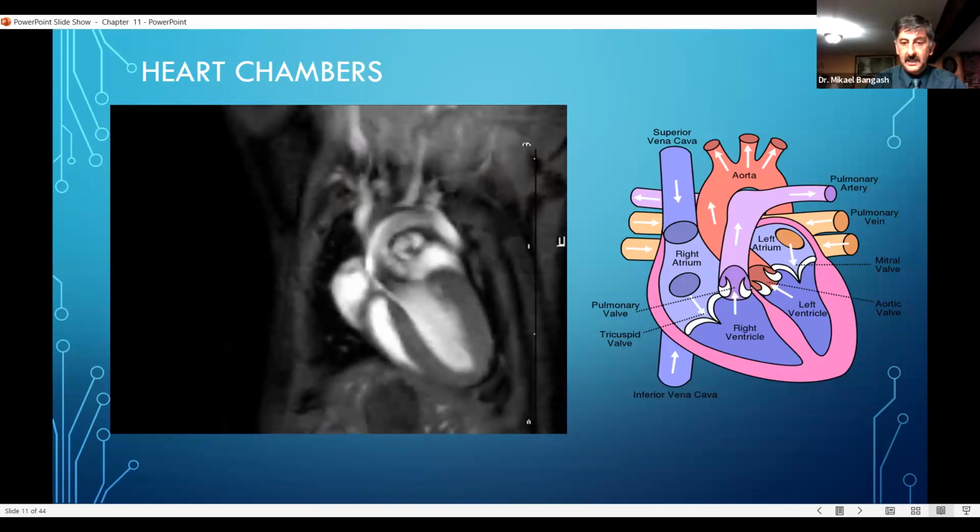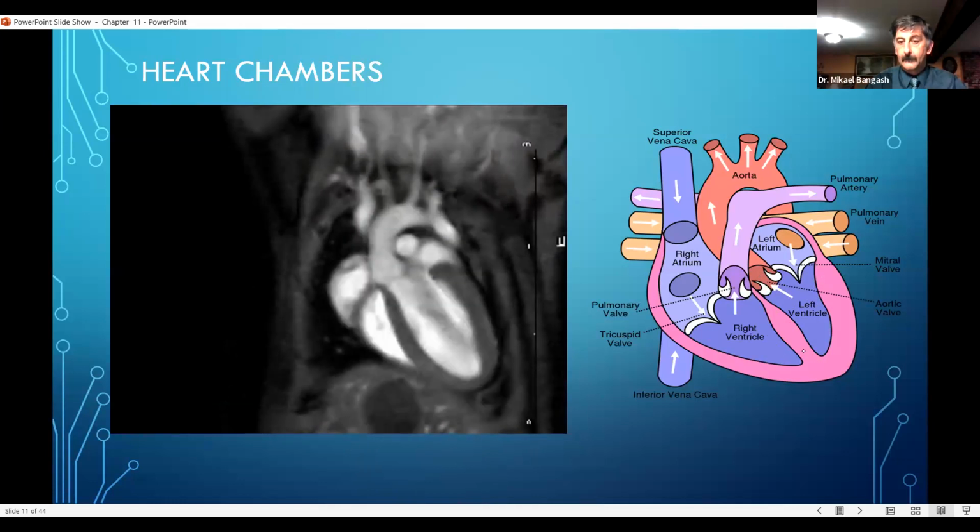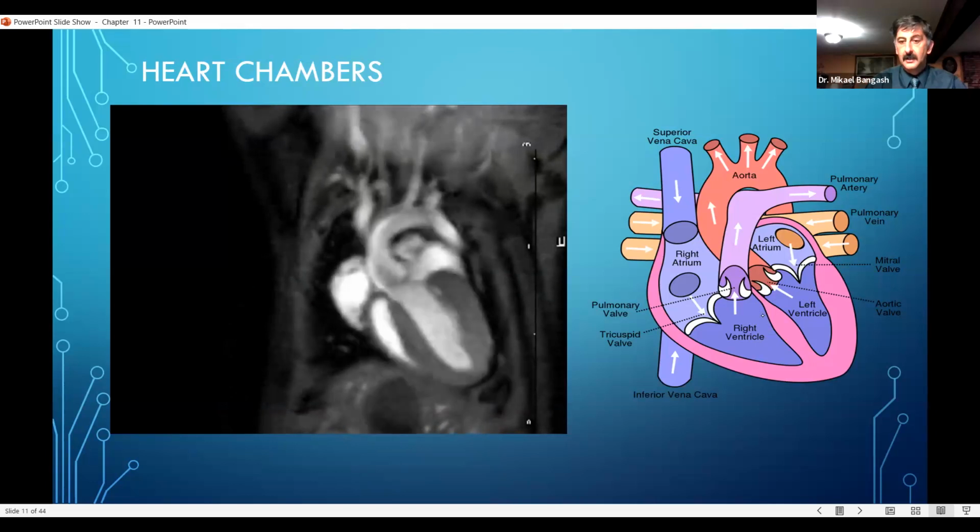Now, what you may see here is that your right ventricle and left ventricle are separated by this layer of myocardium, or flap. This is what we call the interventricular septum, because it's in between the two ventricles.